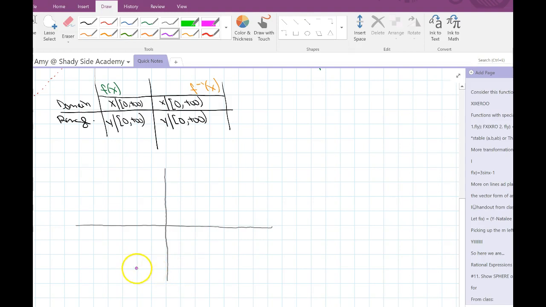It passes through the points -2, -3, 0, 0, 2, 1, and oh, I don't know. Okay, this is the point 4, comma 2. This is 2, comma 1. This is 0, 0, and this is -2, -3.